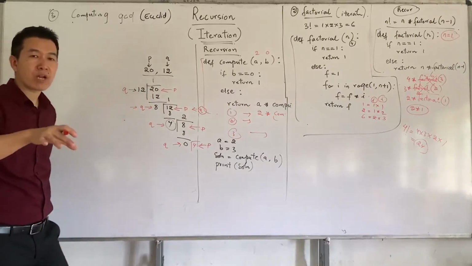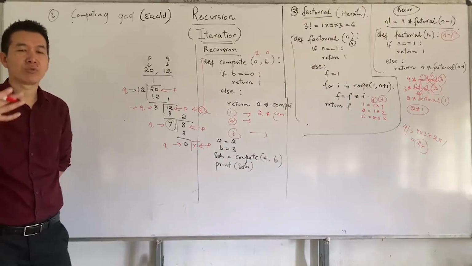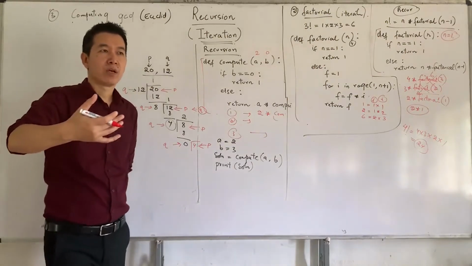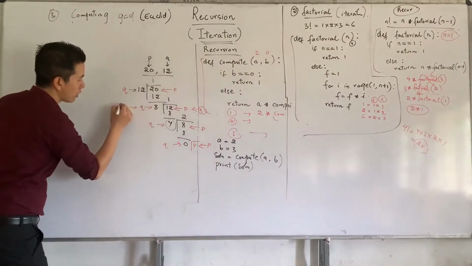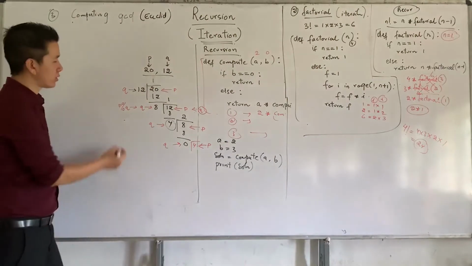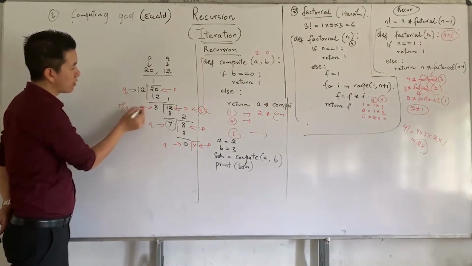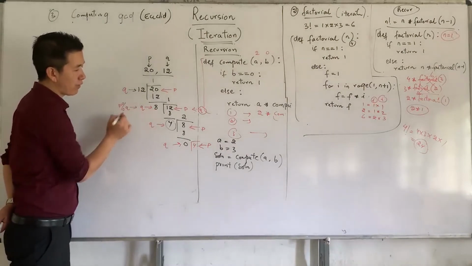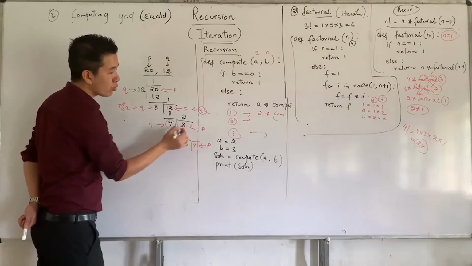In programming, we have the modulus operator, which returns the remainder of dividing a certain number by another number. So this Q is derived from P modulus Q. With P being 20 divided by 12, the remainder is 8. So 8 becomes the value of Q. Likewise, how do you get this P?